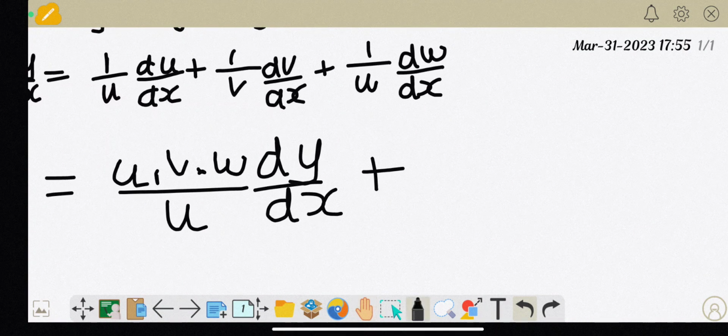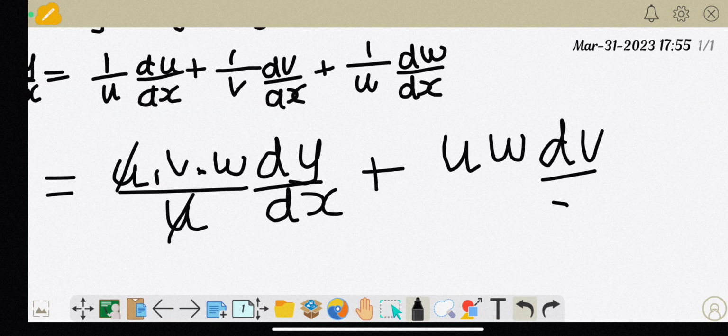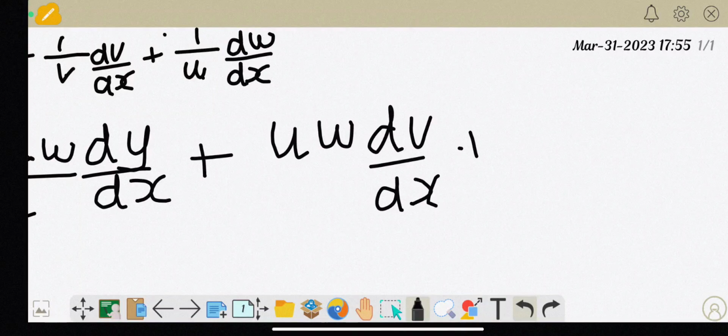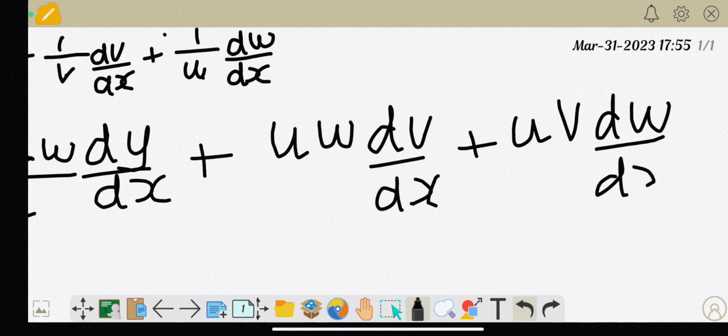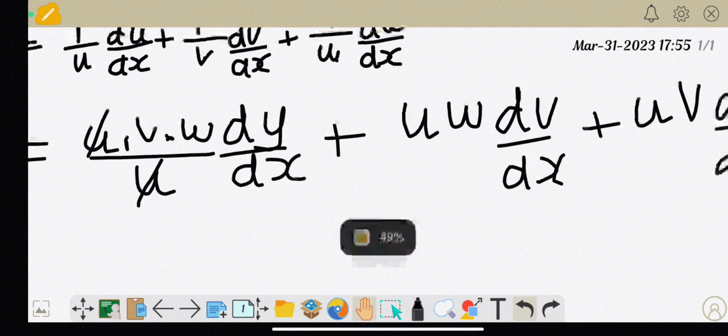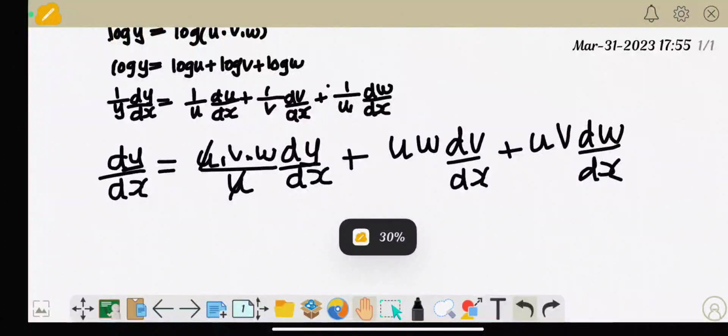Similarly here also v and v will cancel. What will be left? u and w, correct, dv by dx. So here also w and w will cancel, u and v are left, plus u v dw by dx. So this is the other way to prove the same. Understood?